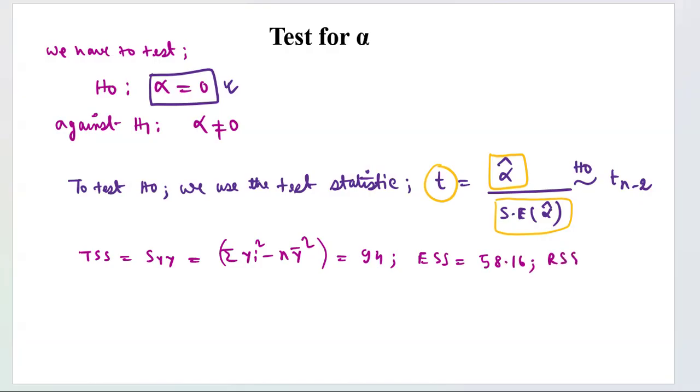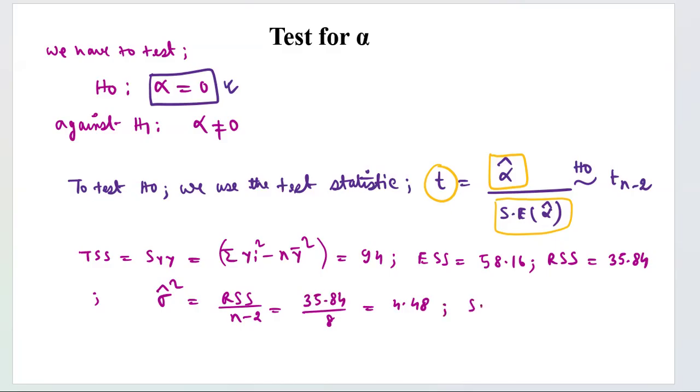So what will be RSS? RSS is simply TSS minus ESS, which will be 35.84. If you have RSS, then you can compute sigma cap square, which is RSS by n minus 2. N is 10, so n minus 2 is 8. So 35.84 upon 8 will come out to be 4.48. So you have got the value of sigma cap square.